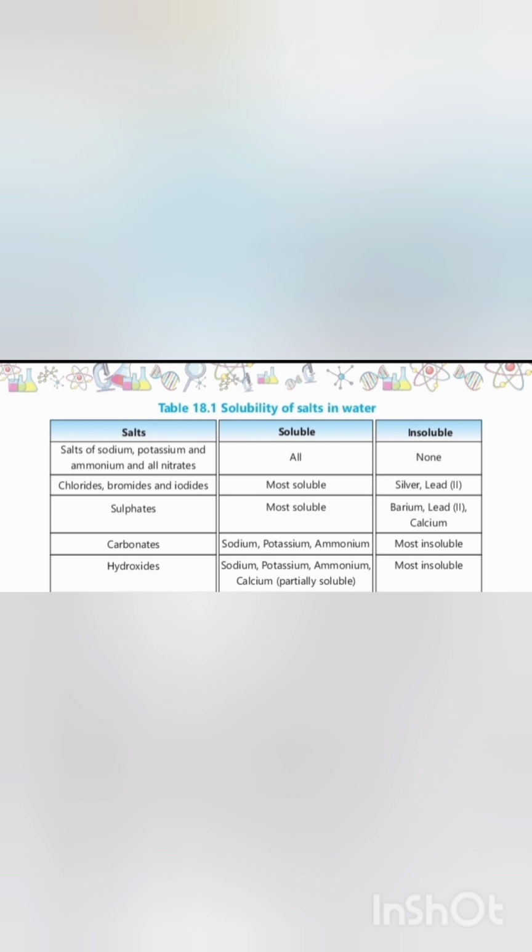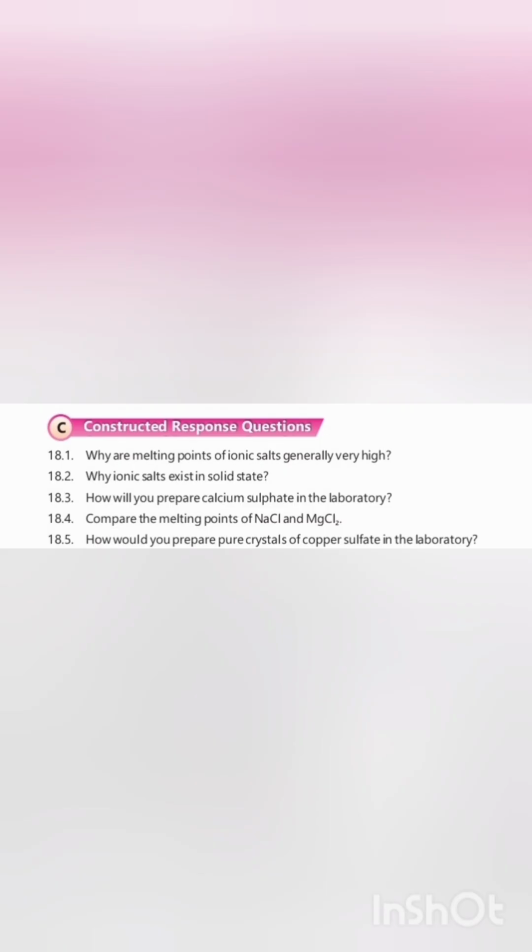Now let's move on to our constructed response questions from the exercise. The first question is, why are melting points of ionic salts generally very high? In the previous lecture we already studied that ionic salts are composed of a rigid three-dimensional network of oppositely charged ions, cations and anions.